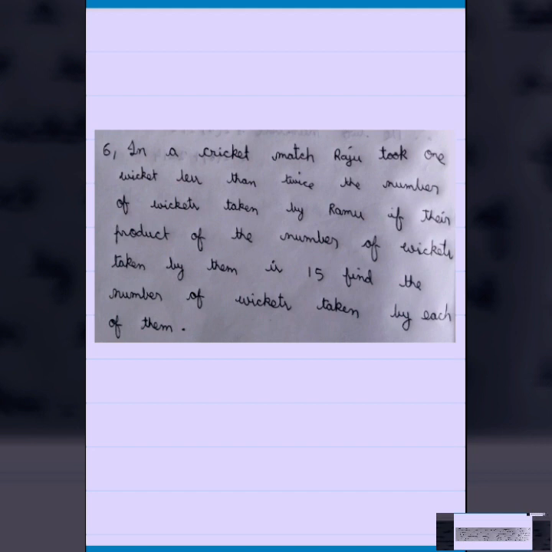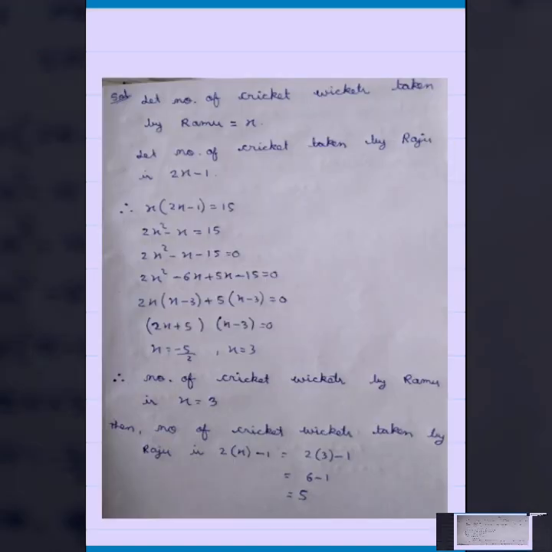So moving on to the next sum. See the question. In a cricket match, Raju took one wicket less than twice the number of wickets taken by Ramu. If the product of the number of wickets taken by them is 15, find the number of wickets taken by each of them. So let us see the solution. Let the number of wickets taken by Ramu be x.